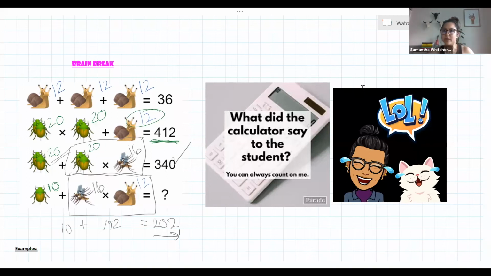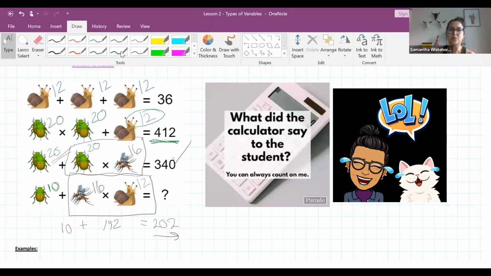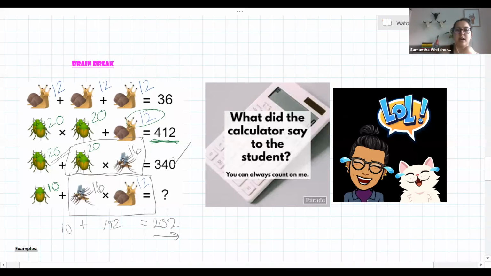Okay, Lumka, what's your question? Ma'am, for the snails, I can't understand it. Okay, so it's 12 plus 12 plus 12, 36. So for the snails, we're adding the same thing each time. So it's 3 of exactly the same values that I have to add each time. So if I ask myself, what is 36 divided by 3?